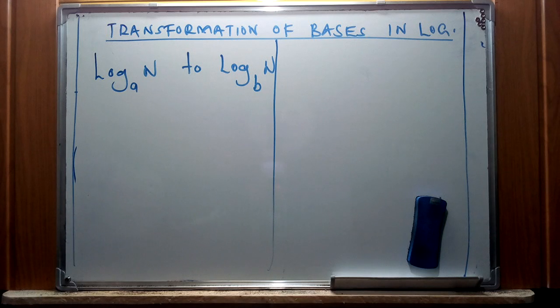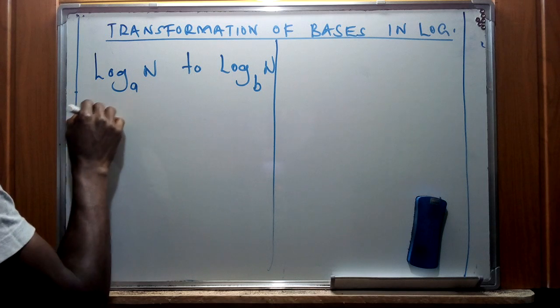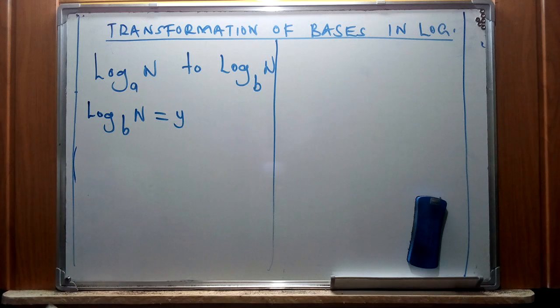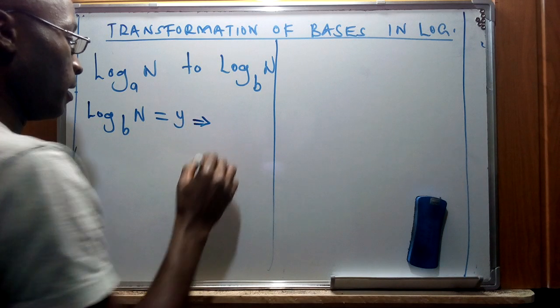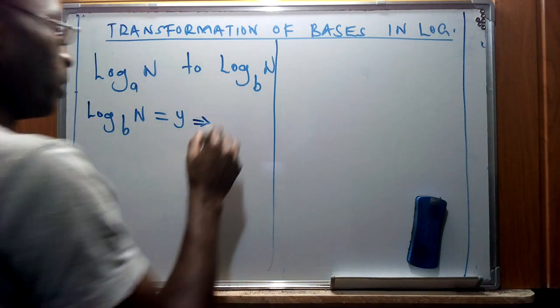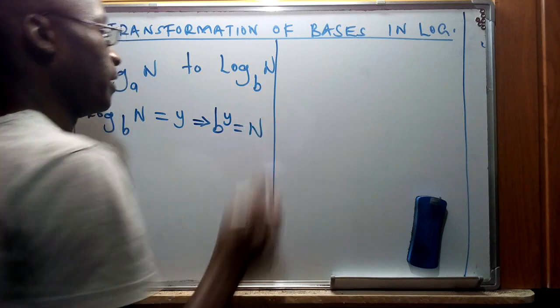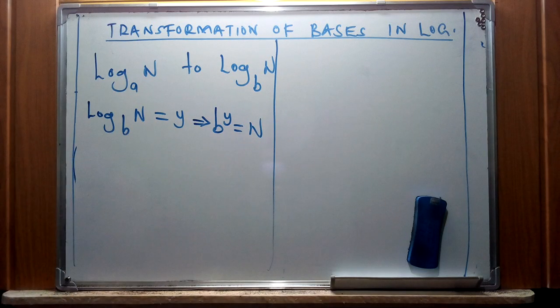We can represent log to base b of n as a number which is given as y. This has an implication of an exponential notation, whereby we have b raised to power y, which gives us that number n. So we're going to use this in trying to see how we can change logarithms.